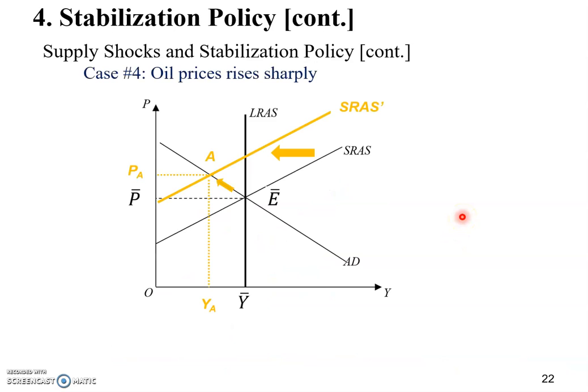And the fourth case is if the oil price rises sharply. Production cost would be higher, so producers would cut their production, and we shift the short-run aggregate supply curve to the left. At point A, the new equilibrium, the output level is lower, so there's a contraction, but the overall price level is higher.